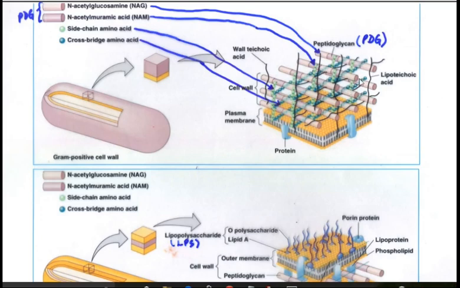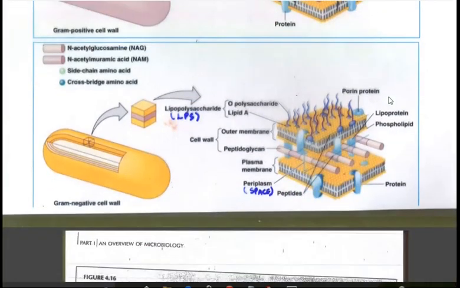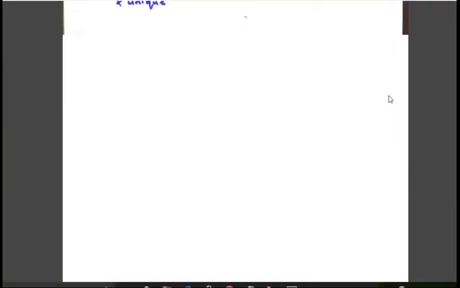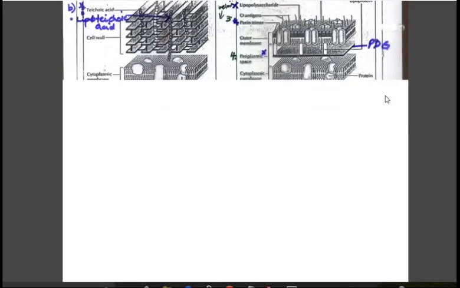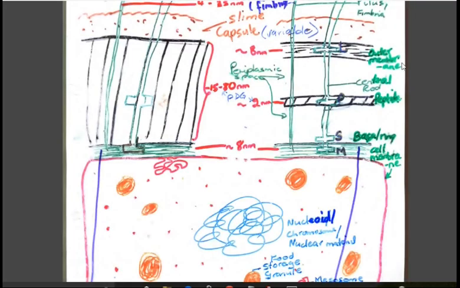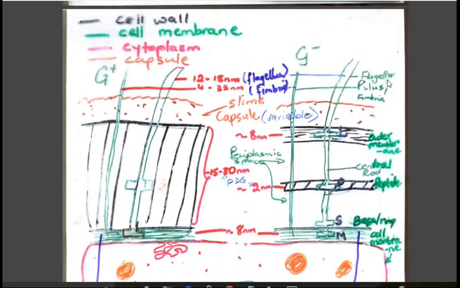Okay, let me go to a simple diagram which I made myself, and I'll tell you why I made it. Okay, this is the diagram. Please note the wall starts here.